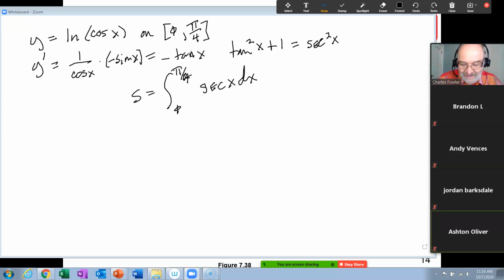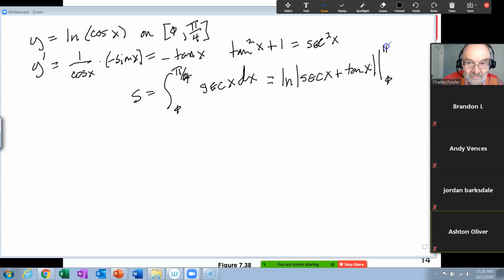You'll see that that turns out being, believe it or not, the log of the absolute value of secant x plus tangent x. Okay, and we're going to evaluate that from 0 to pi fourths.